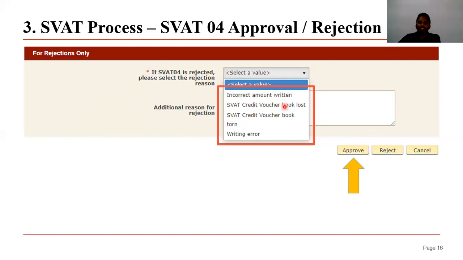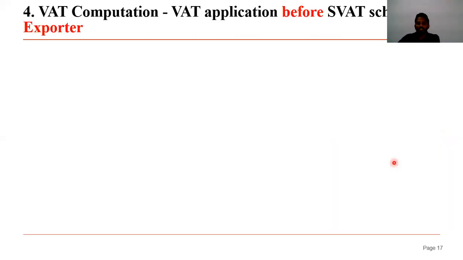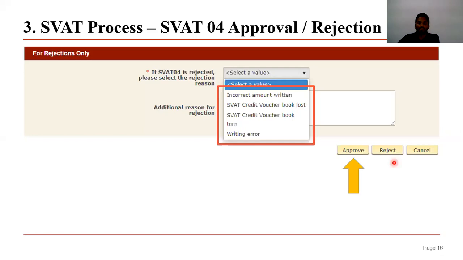He can reject, and they need to select the proper selection here under the drop down list, and then he can reject again. It will go to the RIS. This is the normal SVAT approval process.